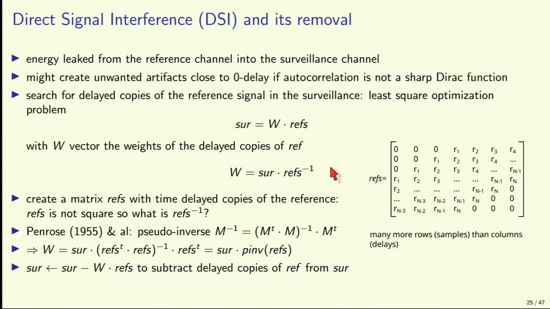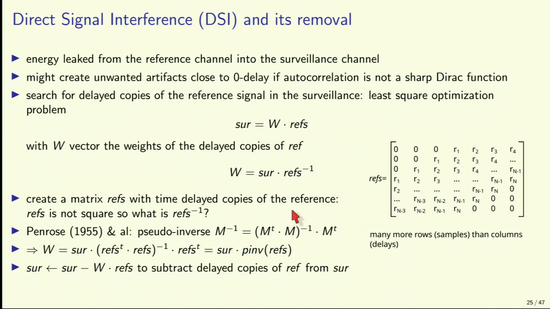And you might know that the inverse of a rectangular matrix doesn't exist. You don't know how to calculate the inverse of a rectangular matrix. You know how to calculate the inverse of a square matrix. Now, Roger Penrose and others in the 1950s demonstrated that when you have a non-square matrix, you can calculate the inverse, and it's called the pseudo-inverse.